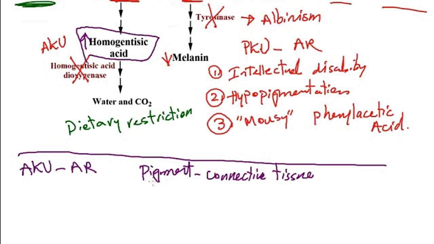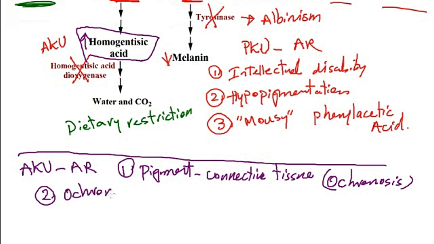And so the term for the deposition of pigment in the connective tissue is referred to as ochronosis. There will also be deposition of the pigments in the joints, which will cause ochronotic arthritis that presents with limitation of the motion of the joints that resembles osteoarthritis.